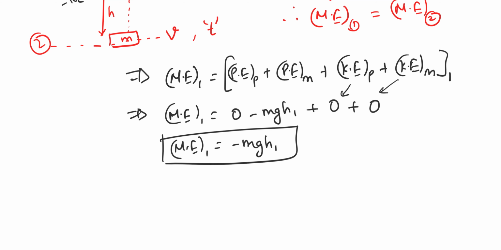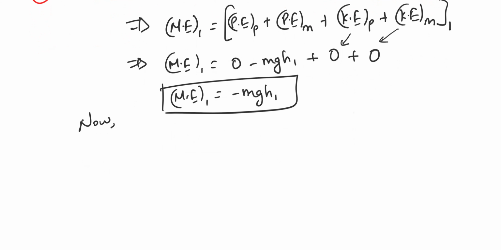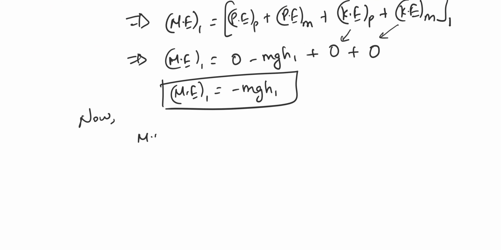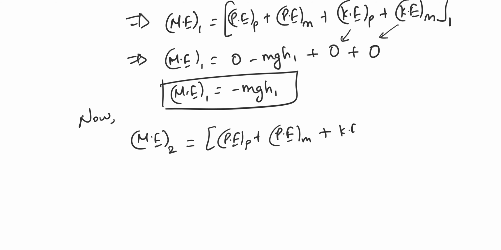Now what about the mechanical energy at position 2, or case 2? Again we have potential energy of the pulley plus potential energy of mass m plus kinetic energy of the pulley plus kinetic energy of mass m.